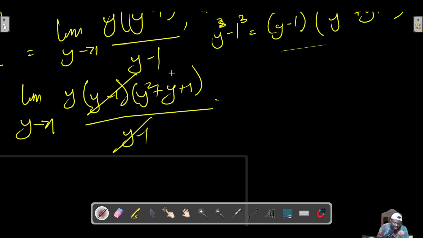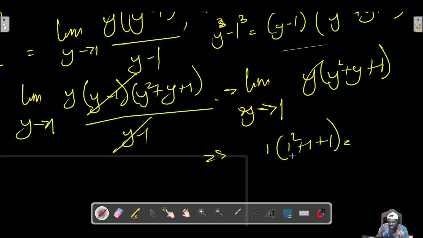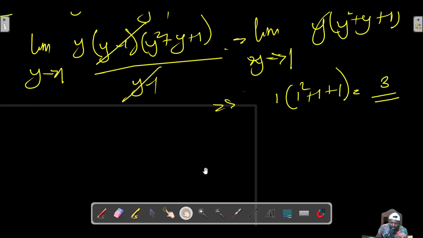This takes away this, so we end up with the limit as y approaches 1 of the expression y multiplying y squared plus y plus 1. So as y is approaching 1, what will our limit be? Our limit will be 1 multiplying 1 squared plus 1 plus 1. 1 plus 1 plus 1 is 3. So 3 times 1 gives us 3. This is so simple. It's very, very simple.